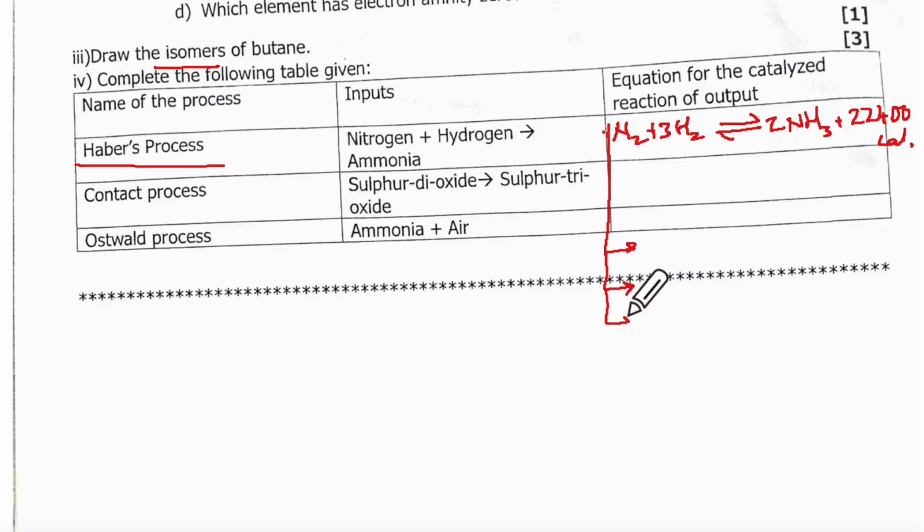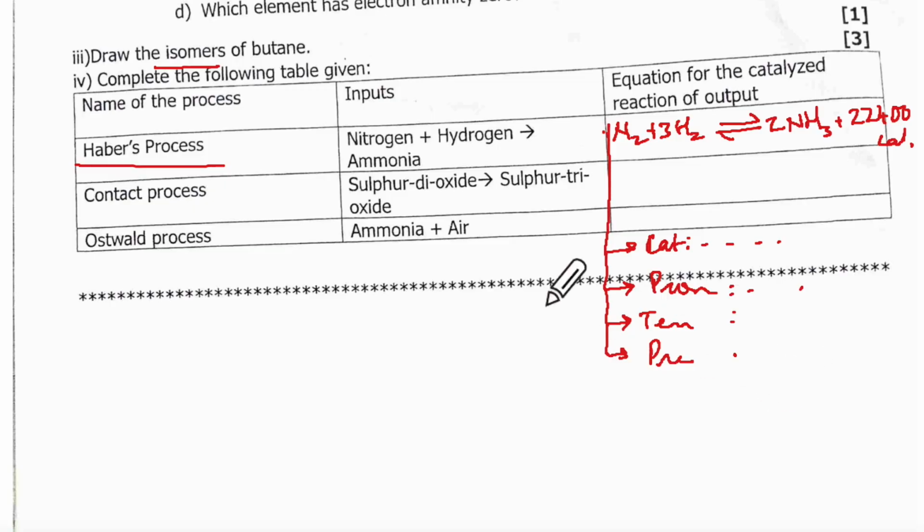There are 4 things that we have to mention. What are the 4 things? Catalyst is finely divided iron. Then promoter is molybdenum. Then temperature is 400 to 500, and pressure is 200 to 900 atmosphere.